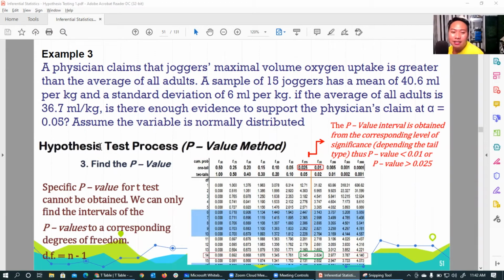If you're going to ask me, why not use 0.05, since that's the alpha in the first place? Why did you go to 0.025 and 0.01?